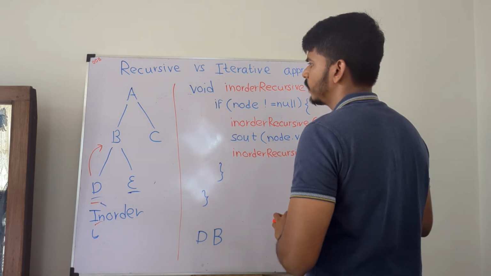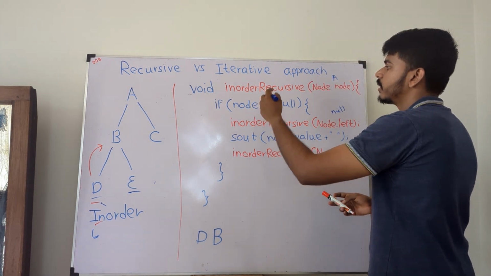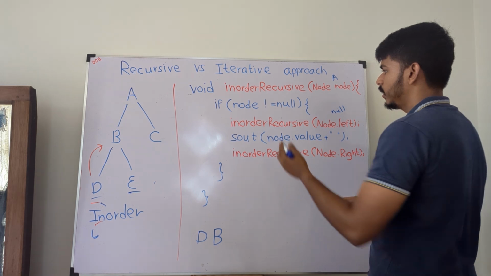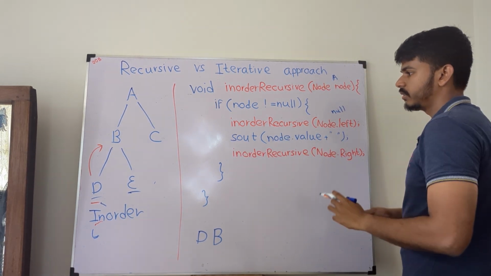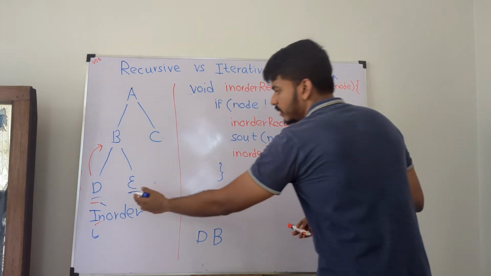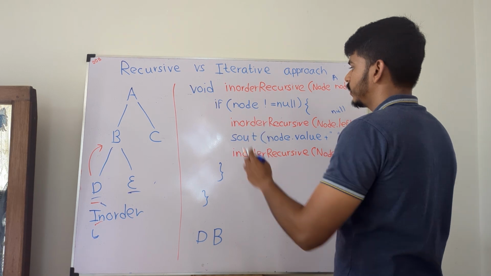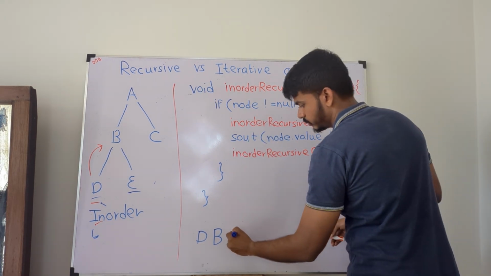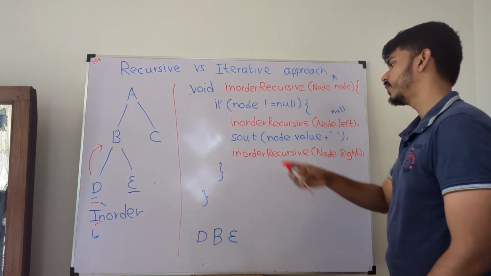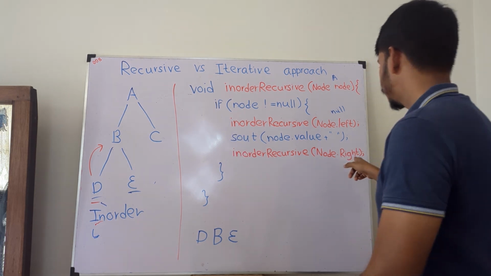Then after that we are going to check whether E is null or not. E is not null. Then we are going to go to E's left child. E doesn't have a left child, it is going to be null. Then we are going to return. Then after that we are going to print E. Then after printing E, we are going to go to E's right child.